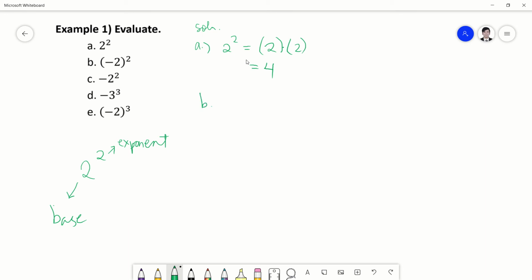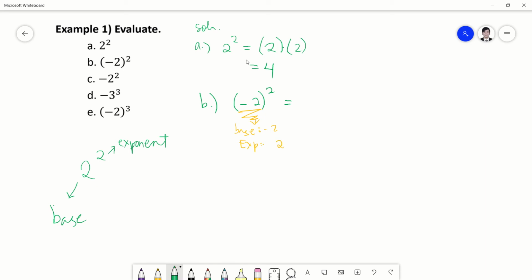Let's proceed with b. We have the quantity of negative 2, squared. Since the negative 2 is enclosed in a parenthesis, that means they're considered as a group. So your base is negative 2, while your exponent is 2.